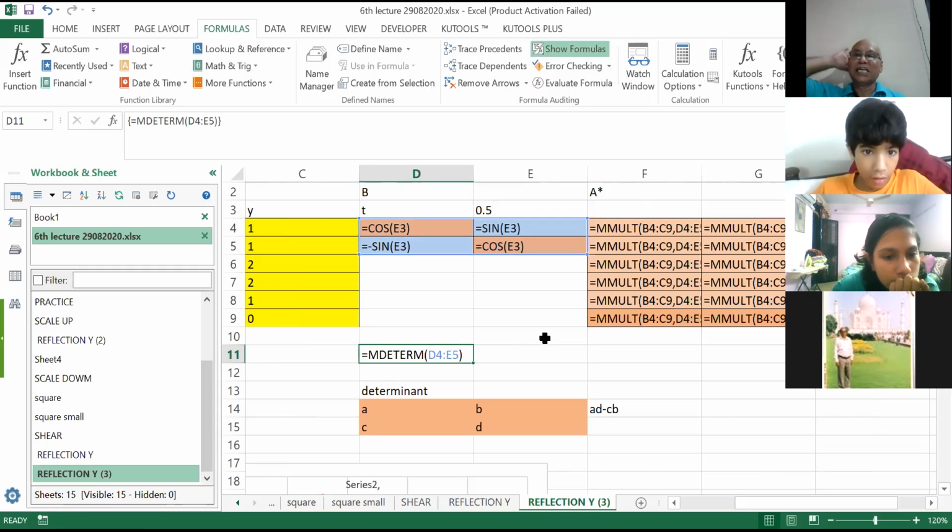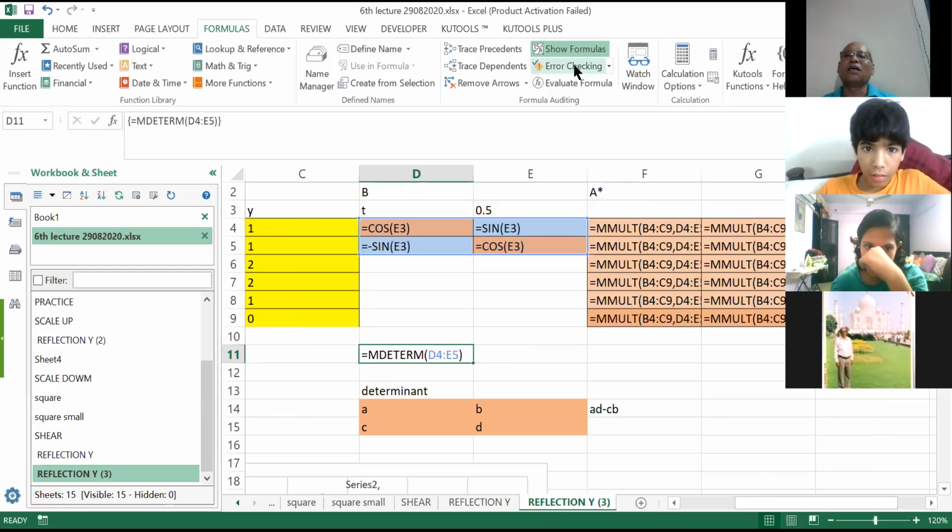When you study higher linear algebra and higher mathematics, they will tell you that this is an orthogonal matrix. Orthogonal matrix means whose determinant is 1.